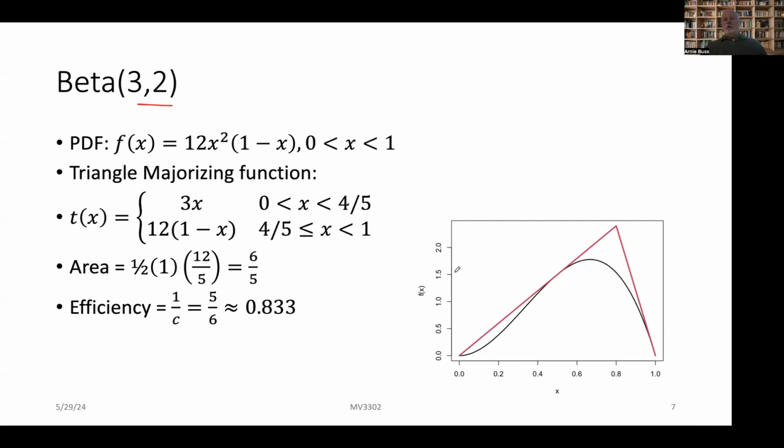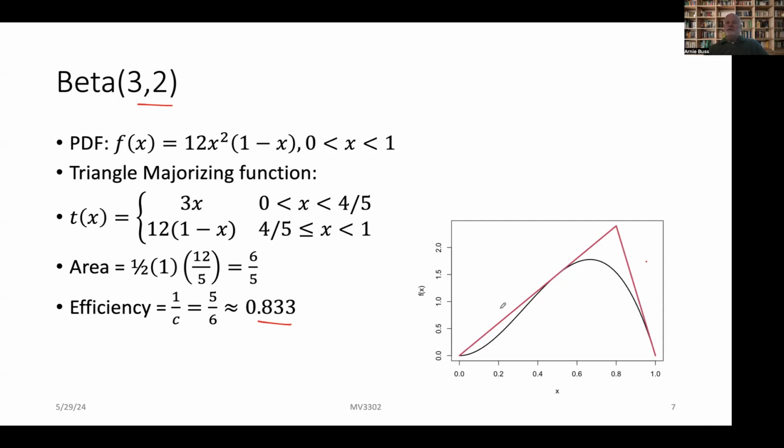We could have a uniform majorizing function on this as well, but I'm going to skip right over that and go right to a more efficient one. The majorizing function here is going to be, it turns out, 3x gives you exactly a tangent here.